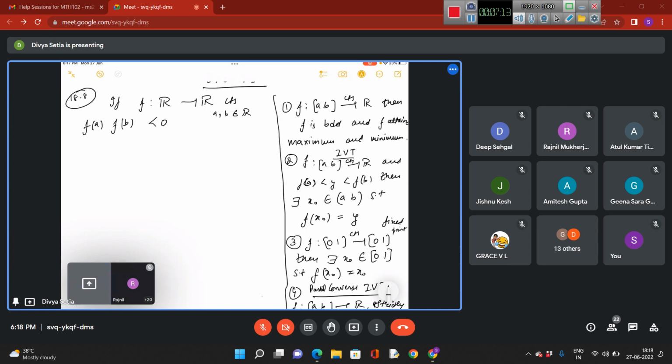Then you have to prove that there exists a root here. There exists some x naught belonging to AB such that f of x naught is 0. Fine. Why is this a generalization of this fixed point theorem?